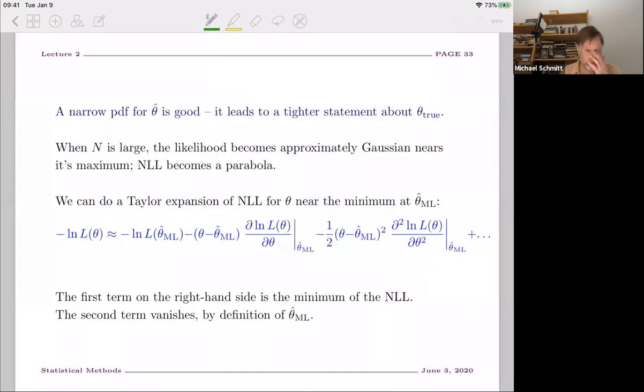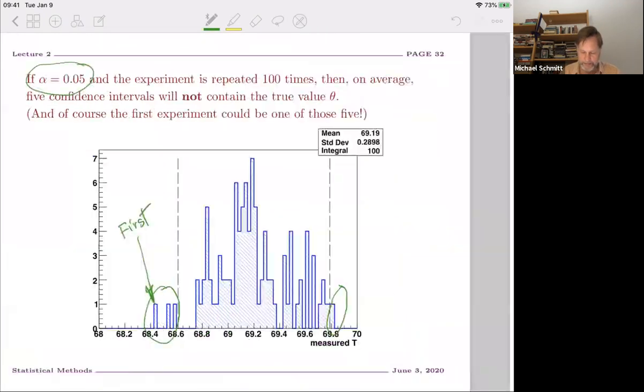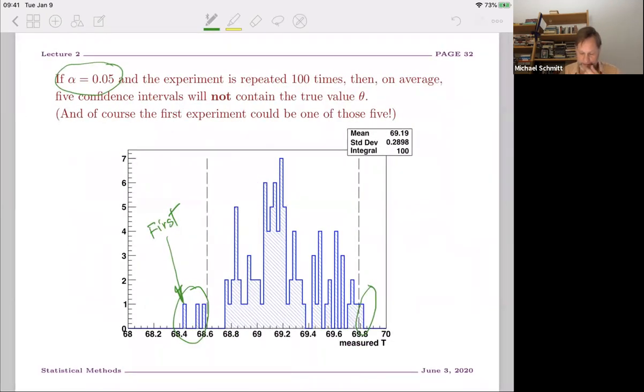Okay. Now, I hope you can have a kind of intuition that a narrow PDF for theta hat for your estimator is a good thing. In other words, if your estimator theta hat doesn't jump around very much, then your statement about where the true value is likely to be is more precise, is tighter, right? So if I go back to this, this is precise at the 0.2 or 0.3 degree level.